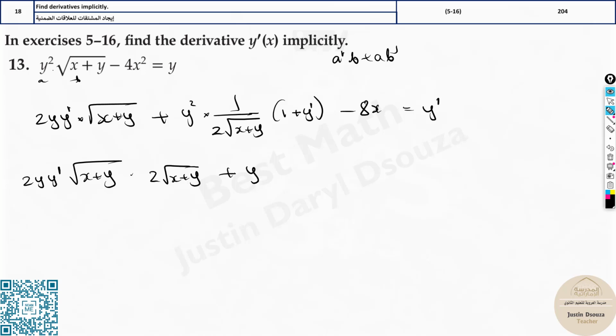Then over here, if I multiply it with 2 square root x plus y, the denominator and numerator cancel, and you will have only the numerator terms: y squared times 1 plus y prime, minus 8x.